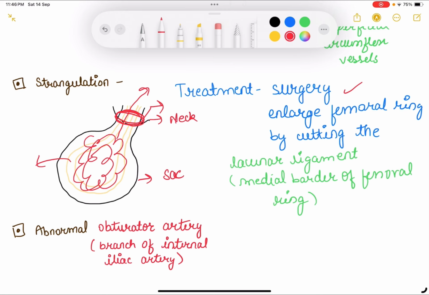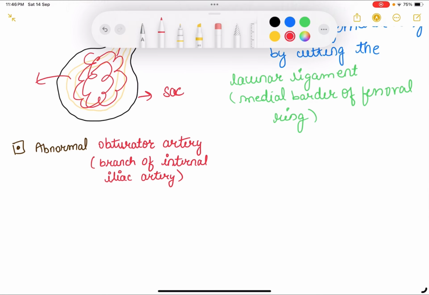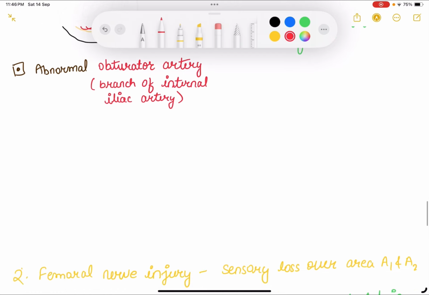Now, what if there is an abnormal obturator artery? So now what is the case of an abnormal obturator artery? Obturator artery is branch of internal iliac artery. So what happens is normally, let us take this is our femoral ring, okay. We have our three compartments, the vein, the artery, and this will be our femoral canal.